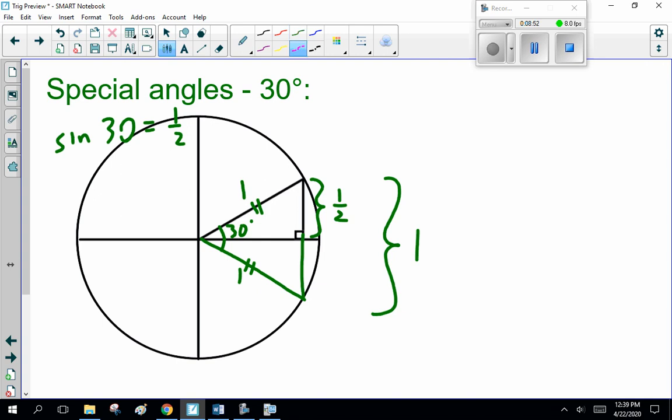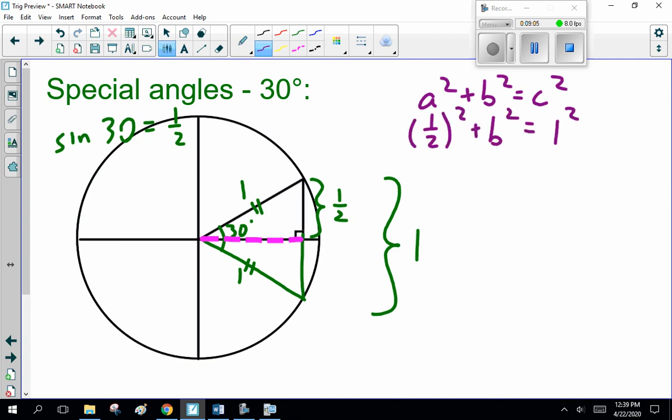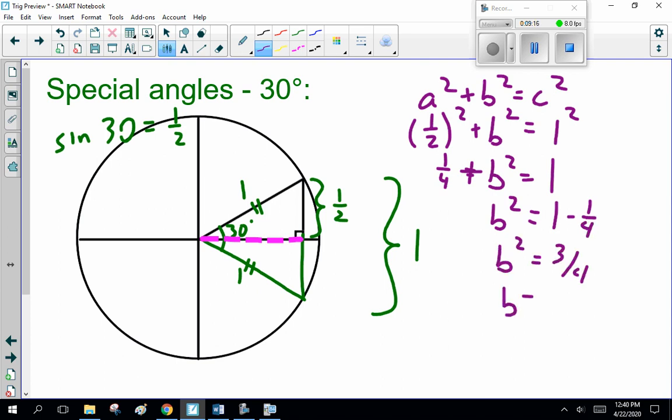Now, what is my adjacent side here? Well, once again, setting up Mr. Pythagoras. 1/2 squared plus b squared equals 1 squared. 1/4 plus b squared equals 1, b squared equals 1 minus 1/4, b squared equals 3/4. b is the square root of 3/4, which is square root of 3 over 2, or 0.866.